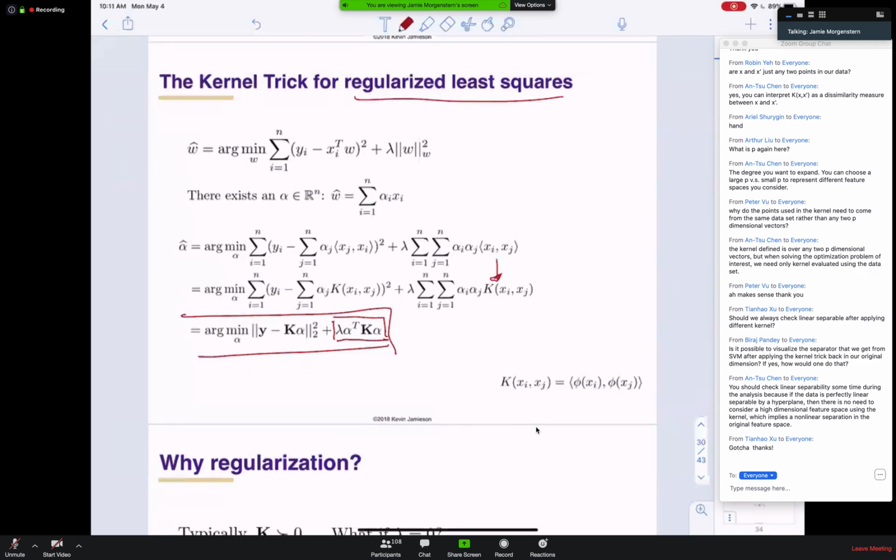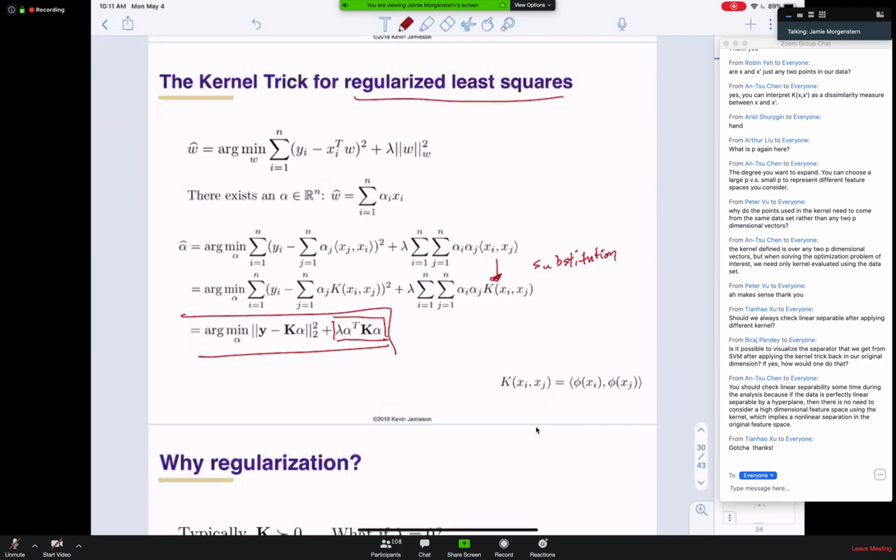As we notice here, this is just doing the substitution of the kernel for the dot product.